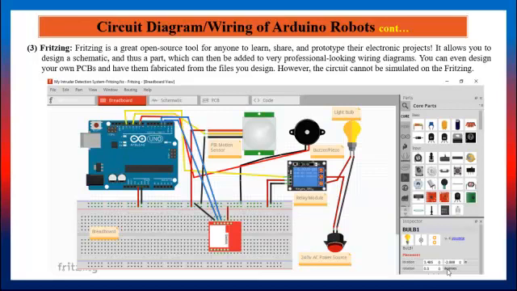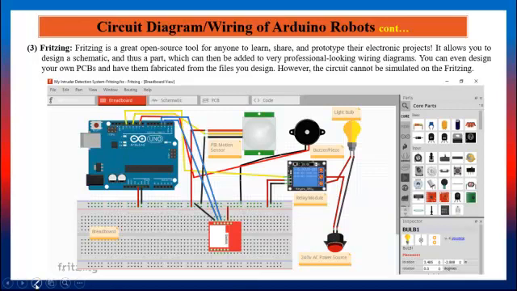It allows you to design a schematic and a part which can then be added to very professional looking wiring diagrams. You can even design your own PCBs and have them fabricated from the file you design. However, the circuit cannot be simulated on Fritzing. That's one disadvantage of Fritzing.